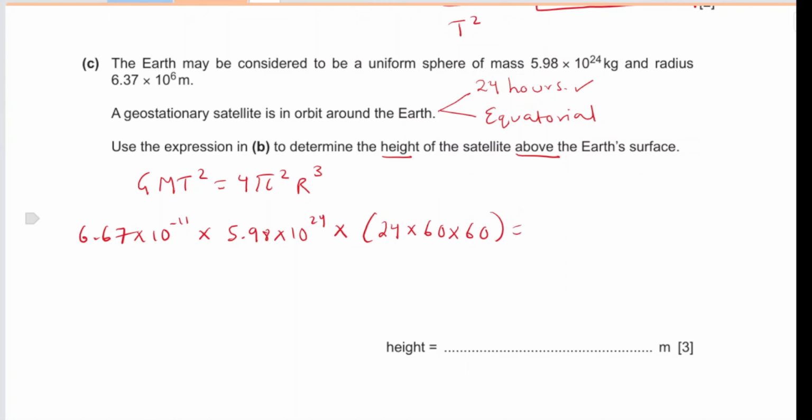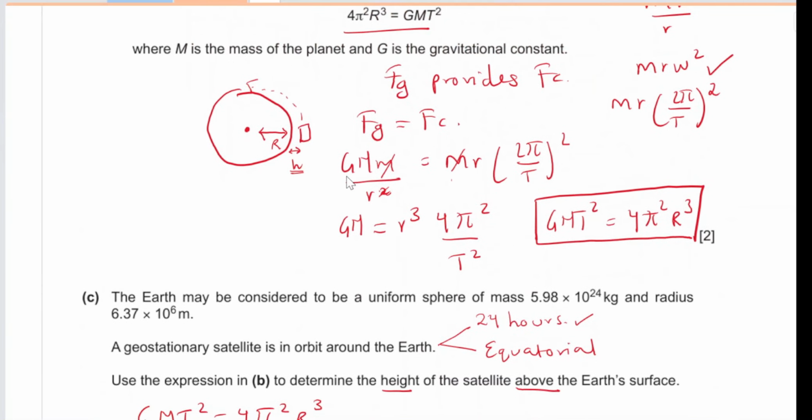And this will be equal to 4 times pi squared times r cubed. We don't know what is r, right? Because this r will be the total distance from here until here. So I don't want you to get confused between that r and this r. Let's call this small r, and this will be the radius of the planet.